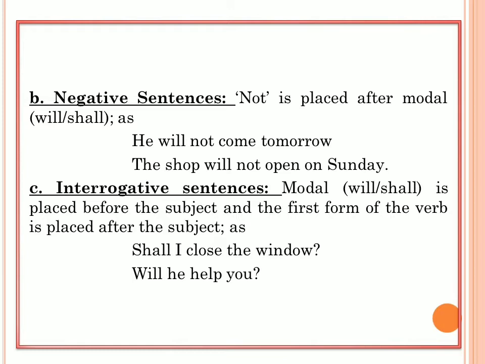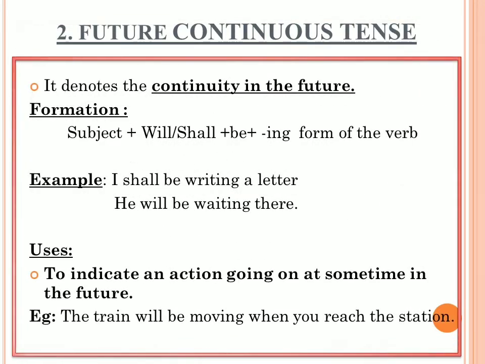The second form is the future continuous tense, and it denotes continuity in the future. Its formation: subject plus will or shall plus be plus the ing form of the verb. So will or shall plus be plus ing. I shall be writing a letter.